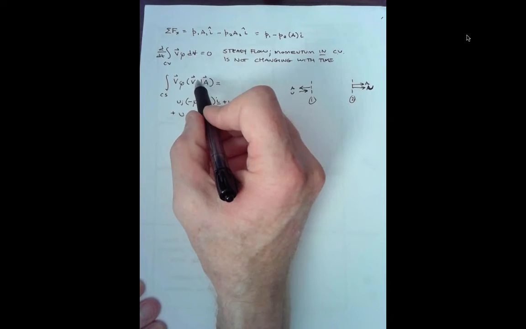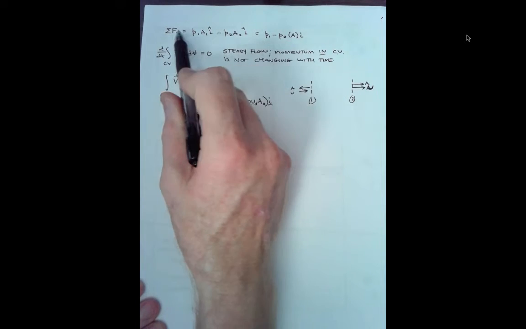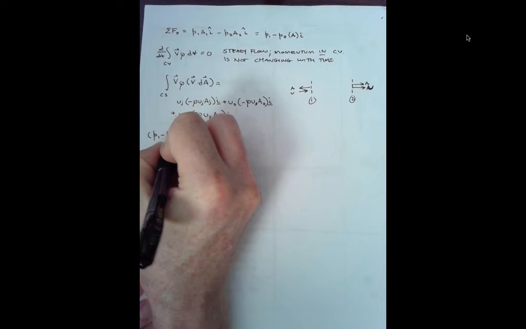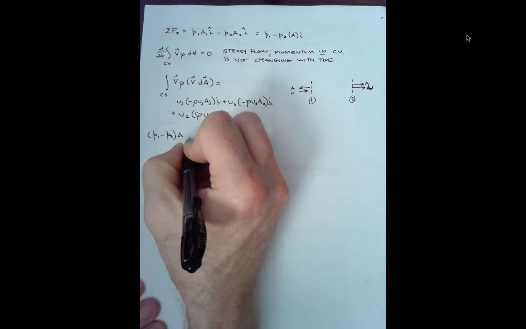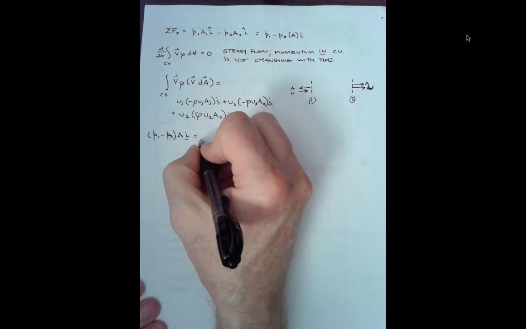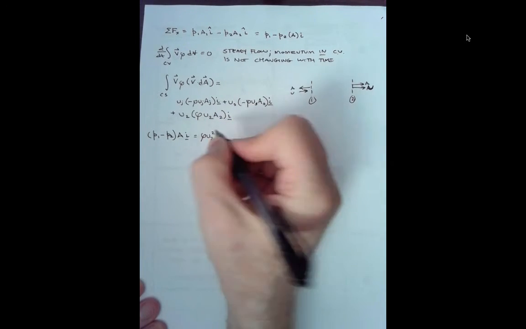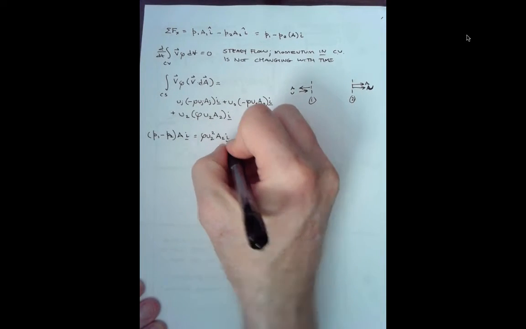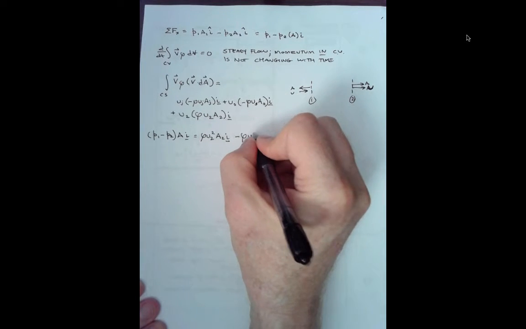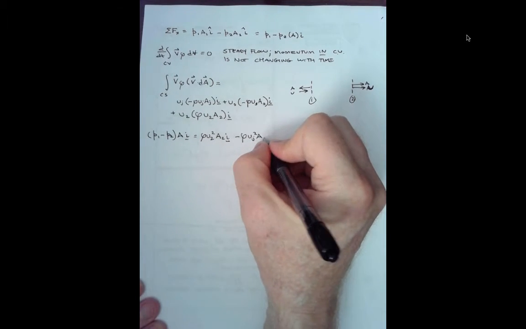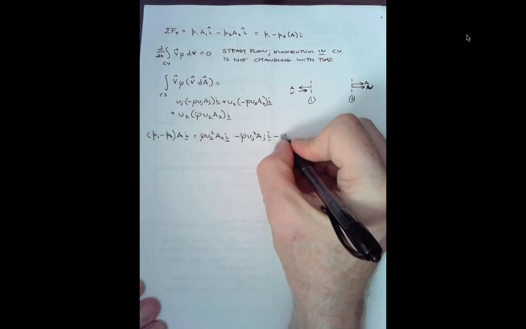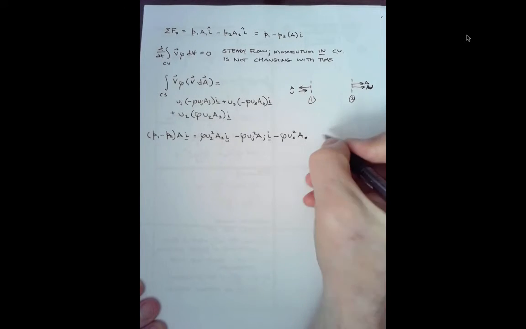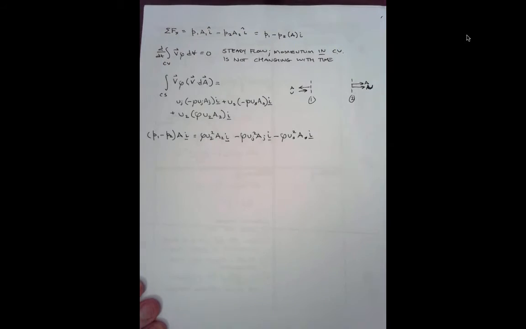And now we're going to take this, add it to that, and equate it to the sum of the forces. In doing so, we have the following. P1 minus P2 times area, i direction, equals rho U2 squared A2 i direction, minus rho U jet squared A jet in the i direction, minus rho U free stream squared A free stream in the i direction.